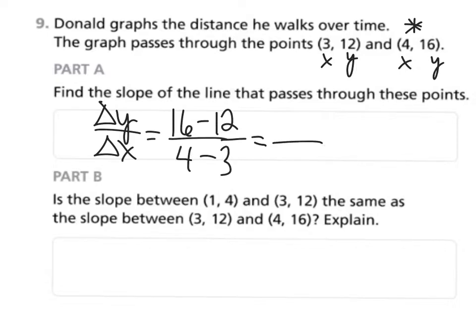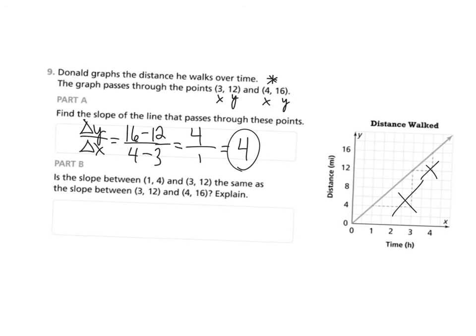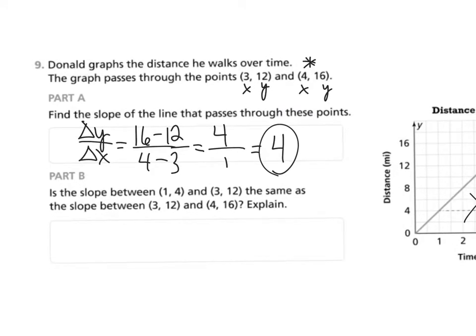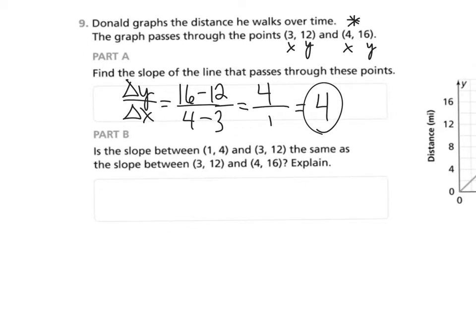So it would be 4 minus 3. So this would be 4 over 1, which is the same as 4. So our slope is 4. And again, they're going by 2's again, but we could mention go up 4 and over 1 to get to another point on the graph.